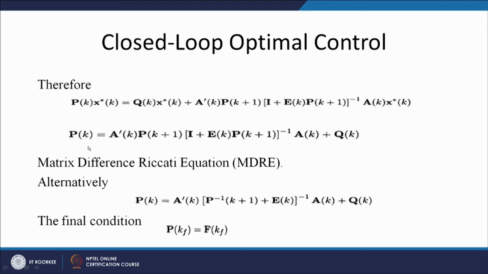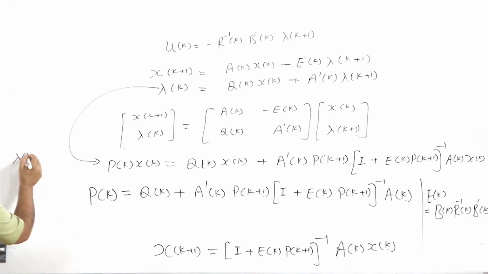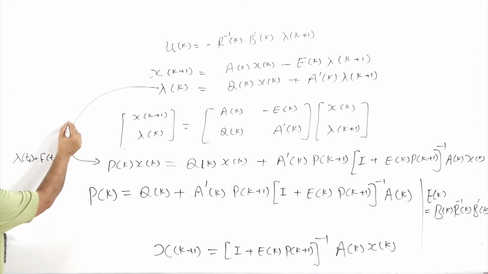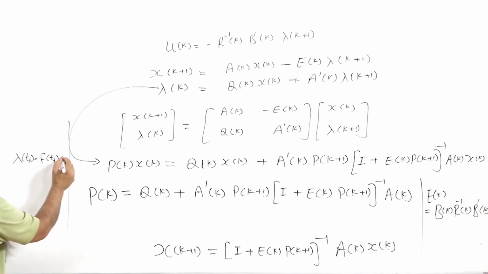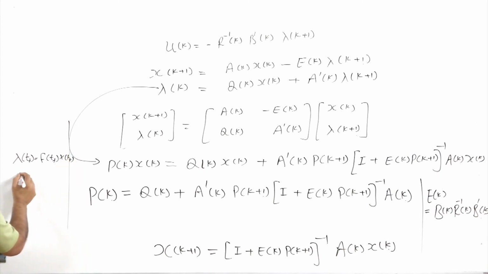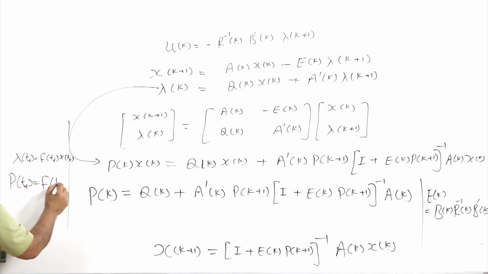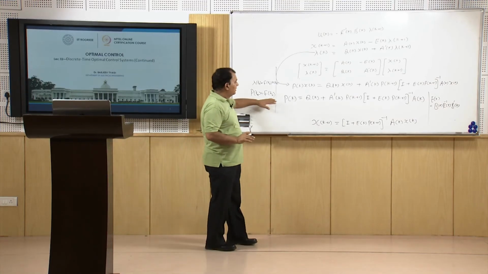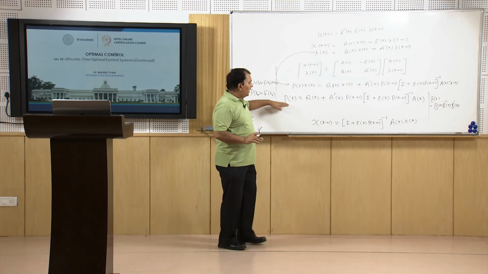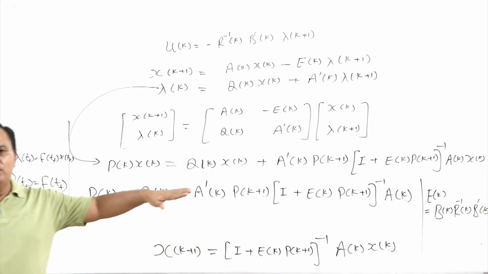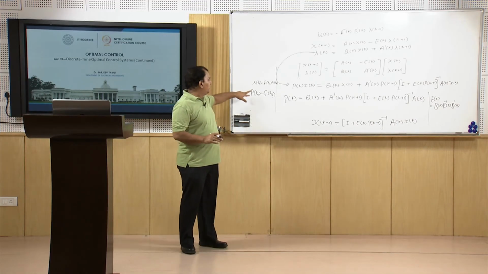And for this Riccati equation, we know we have lambda Tf as F of Tf times x of Tf. So, by this I can say my P of Tf is nothing but F of Tf. I have my terminal condition. This is a difference equation which can be solved for pk with the terminal condition.